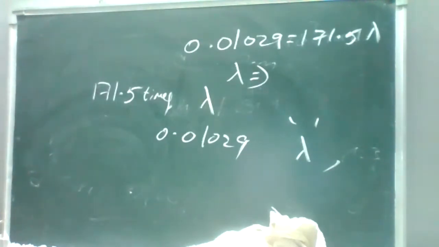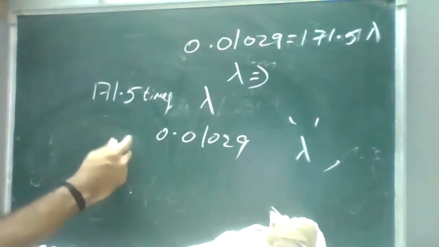6 into 10 power minus 5. Unit, ma: centimeter, meter, kilometer? Okay, 6 into 10 power minus 5 centimeter.